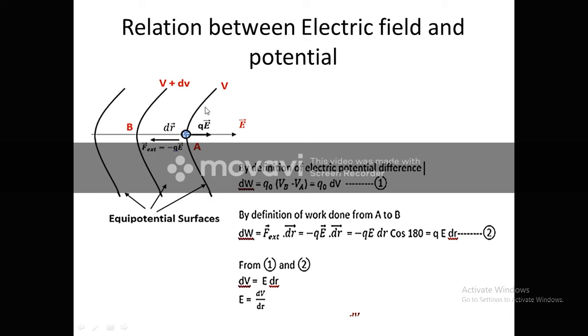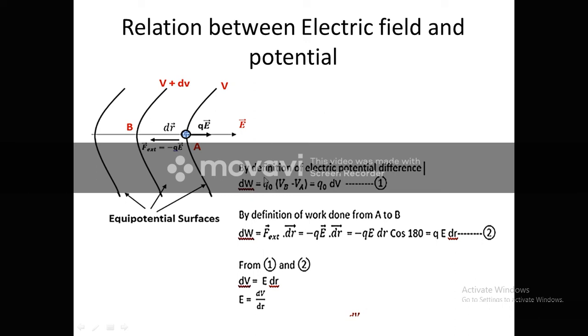So this is equipotential, and this is another equipotential. It doesn't mean that if we place the charge over there, it would have the same potential. No, equipotential surface means the same potential on that particular surface, not on the other surface, okay.